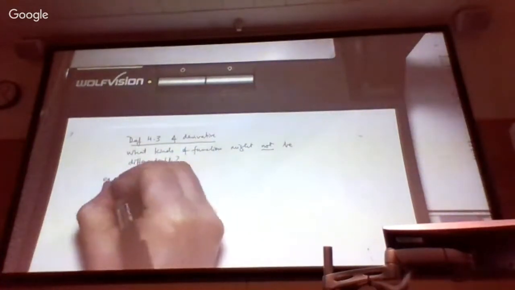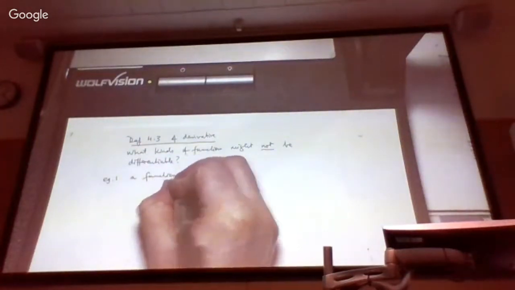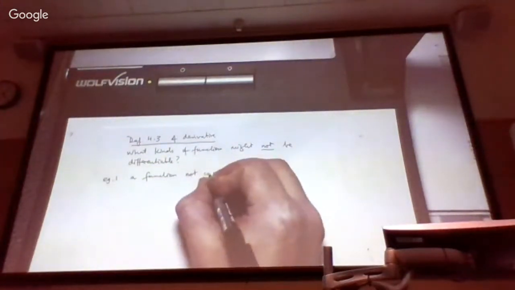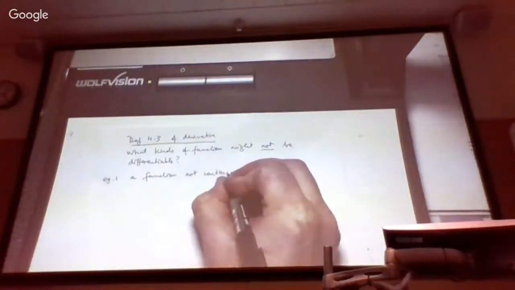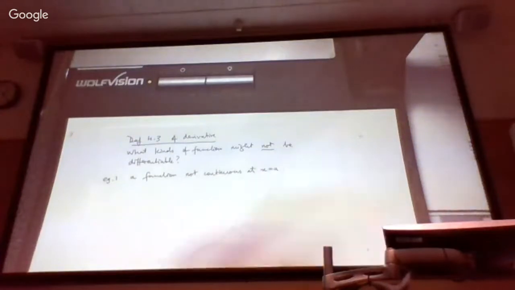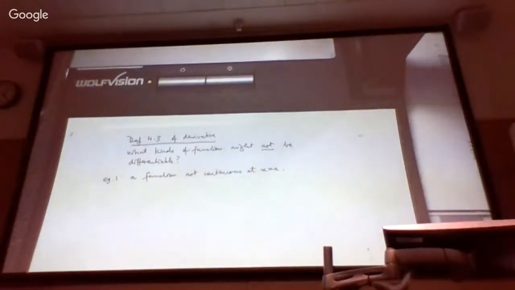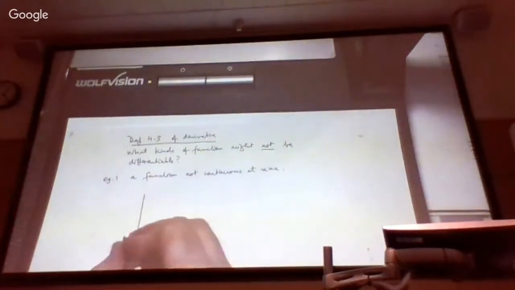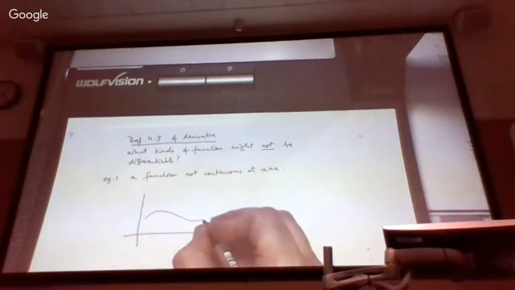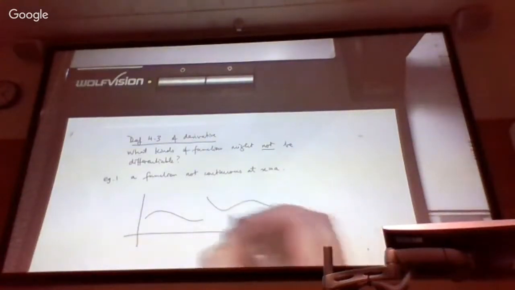Okay. So example 1, we can think of a function not continuous at a. Now, part of the definition, we required the function to be continuous at a. So let's imagine a function not continuous at a, and think, what might be the problem there.